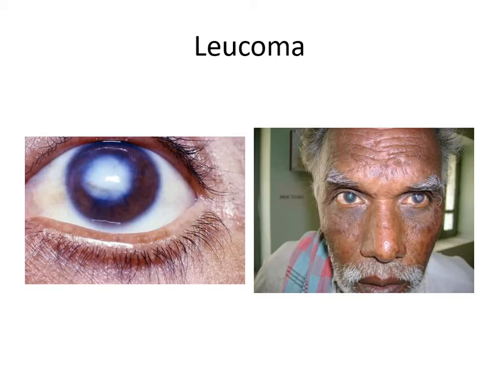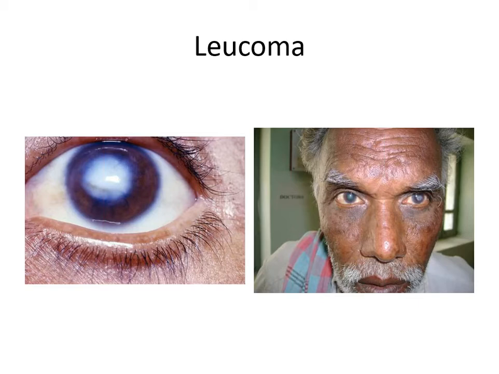Whenever the examiner asks you how will you differentiate between a corneal opacity and an ulcer, first you should say opacity will be present in a quiet eye, whereas ulcer will be present in an inflamed eye. There will be all signs of inflammation, like circumcorneal congestion, photophobia, redness, and discharge.